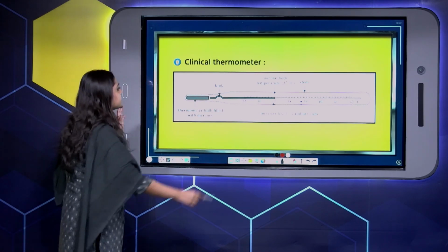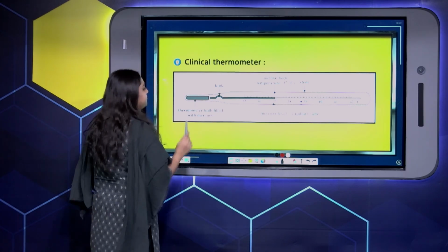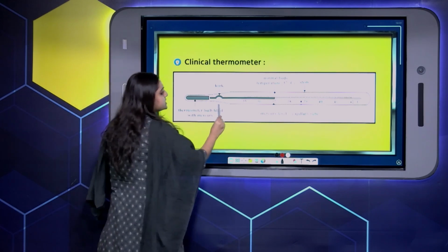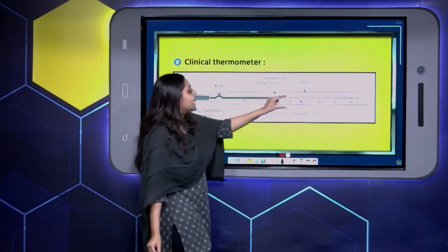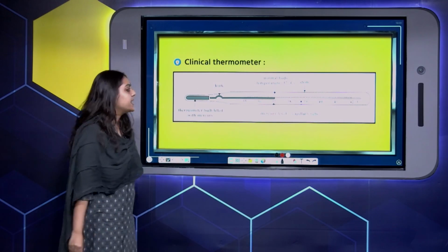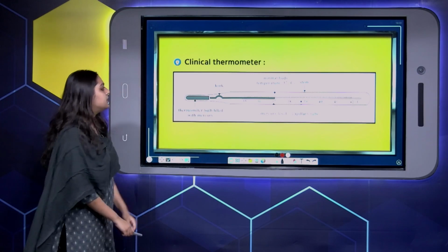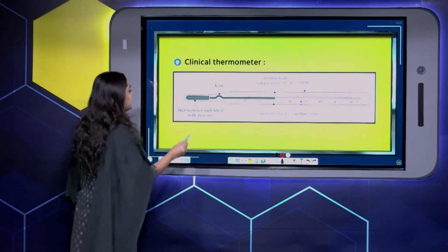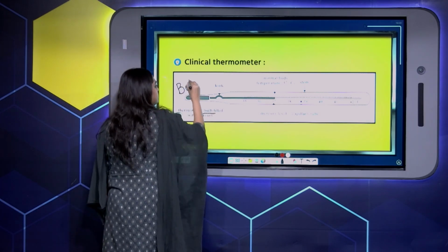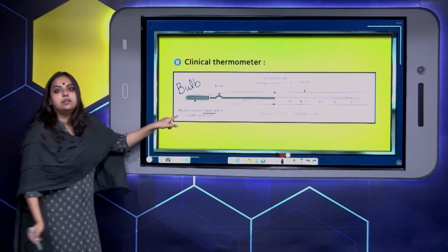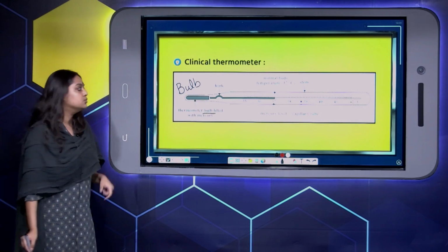Now, what can we see in a clinical thermometer? The first thing that we can see is a long, narrow and uniform glass tube, right? And on one side of the thermometer, there is a bulb. What is it? Bulb. And this bulb is filled with an element called mercury.